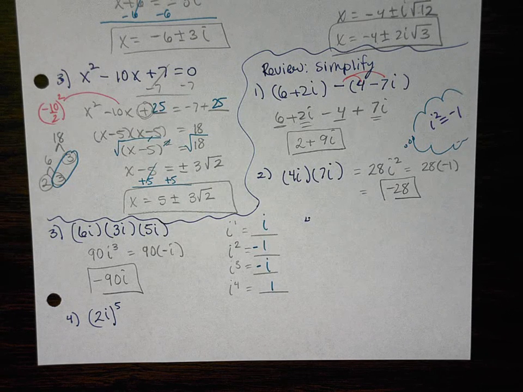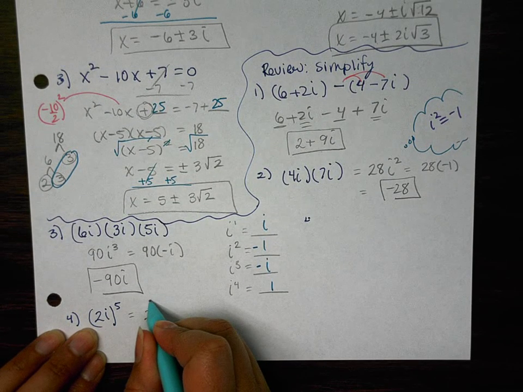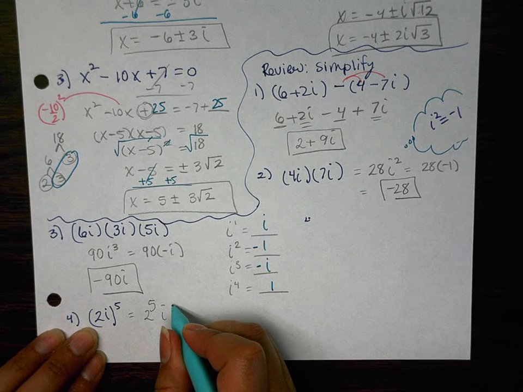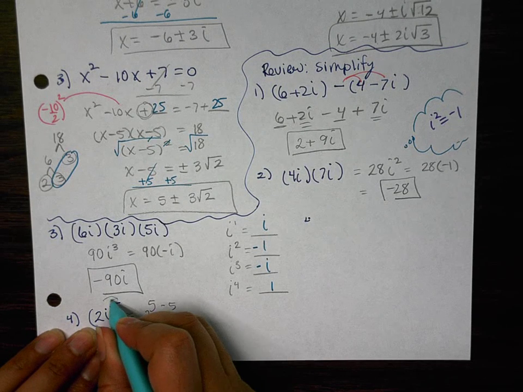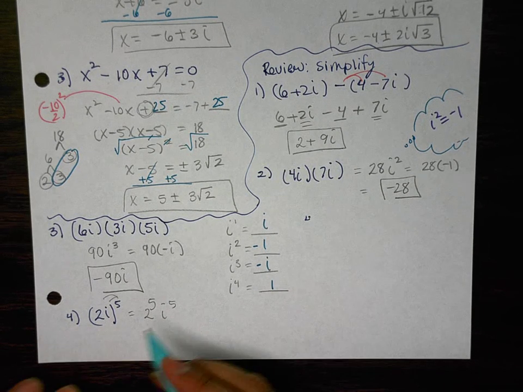Yes. Why? Because there's no what inside the parentheses? Plus or minus. So you're going to distribute, you're going to have 2 to what power? 2 to the 5th and i to the 5th, because you distribute to both. Okay, does anybody have 2 to the 5th memorized? 32. That is one you eventually want to have memorized. 2 to the 5th is 32.